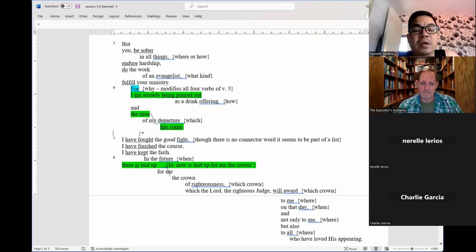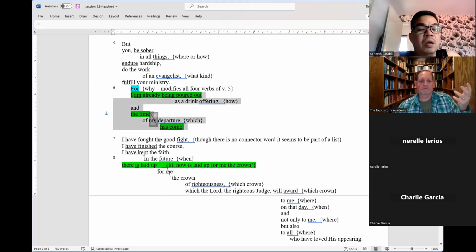I think that's what he's saying here as well. I fought the fight, finished the course, kept the faith. He's saying I'm done. My job is finished now. So I think it's the same idea that he's expressed in verse 6.